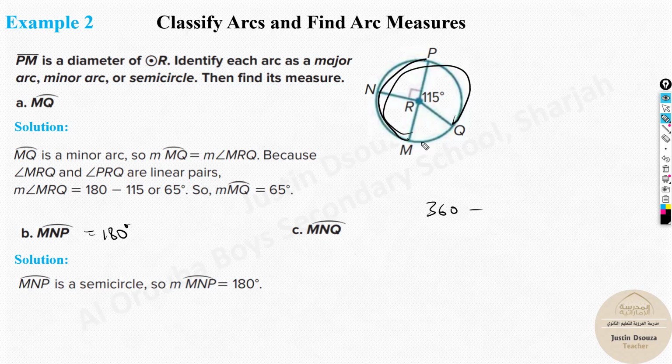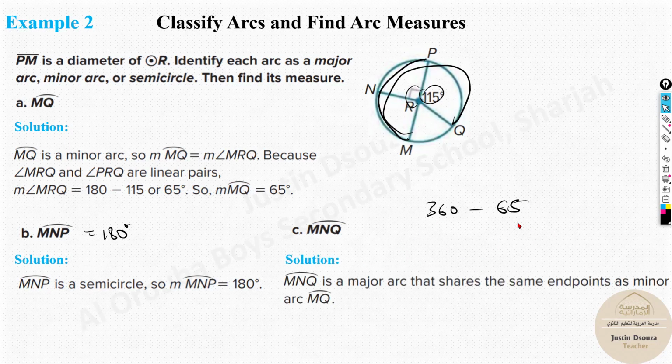So 360 minus, we found this MQ as 65. Or you can just add 180 and 115. So whichever you're comfortable with, that would be the answer. Over here it is 295 degrees. You can put it in the calculator and solve. Now this is basically a formula which can be used: M and Q is equal to 360 minus the minor arc MQ.